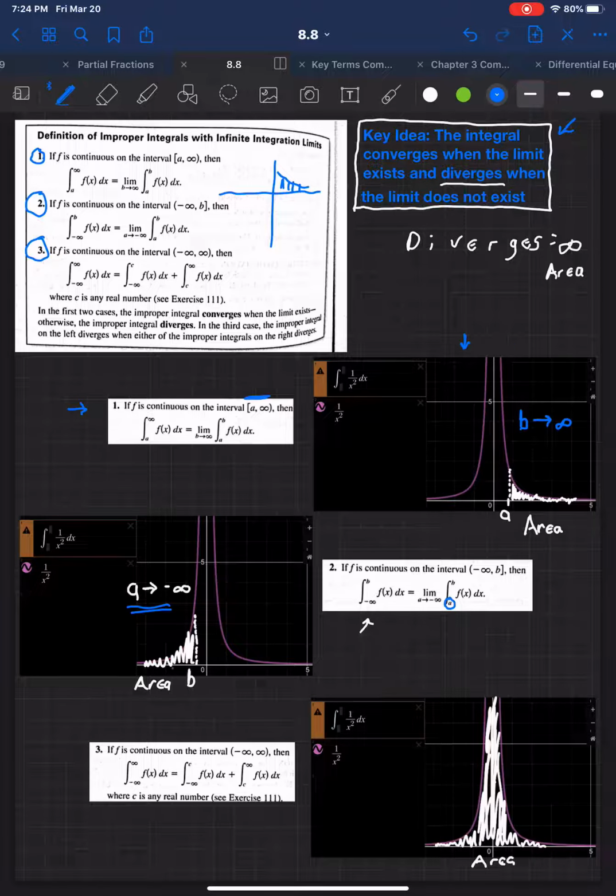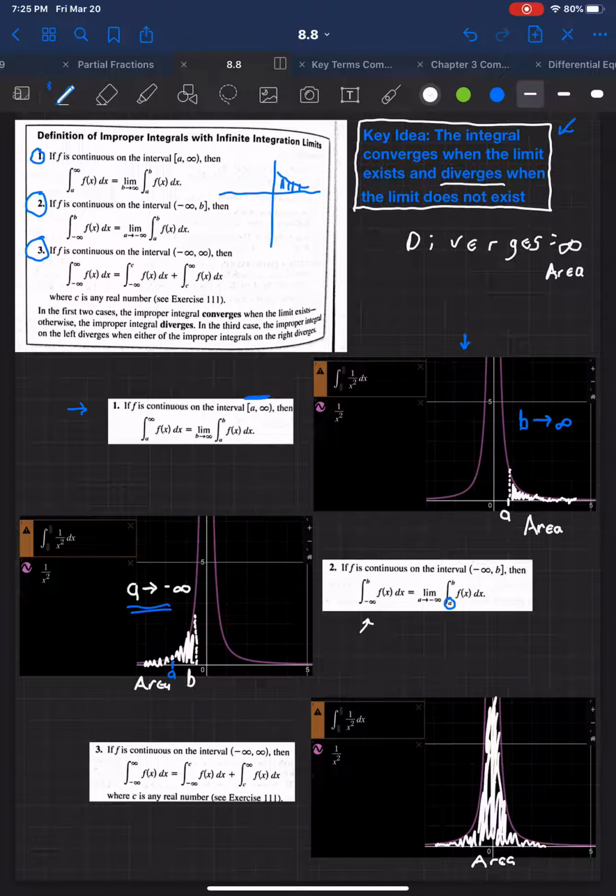It's the equivalent of saying, okay, here's some generic x value that I'm going to call a.